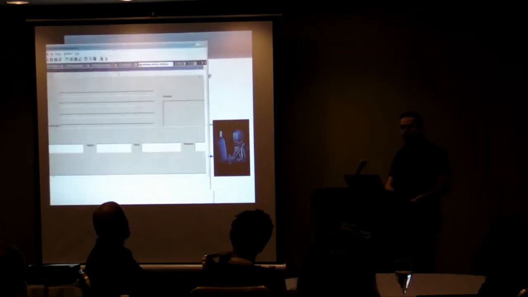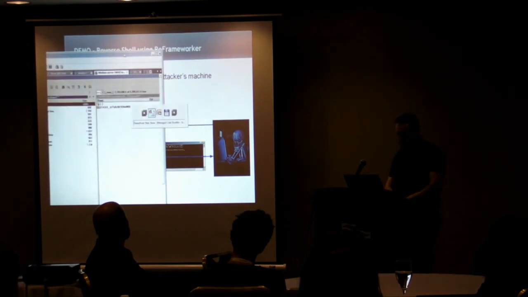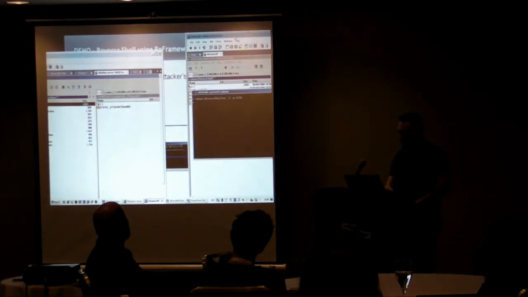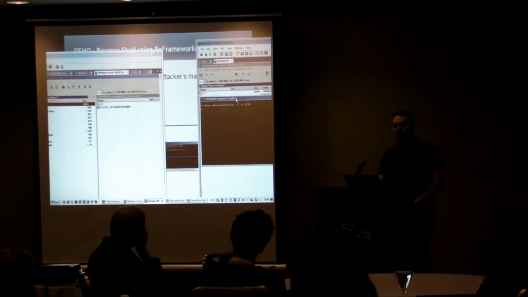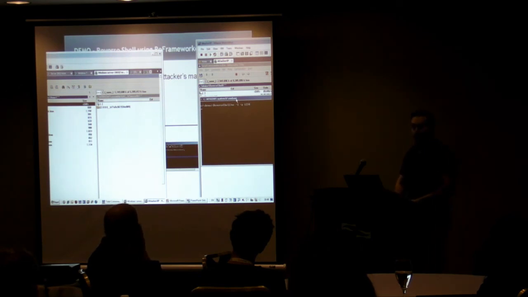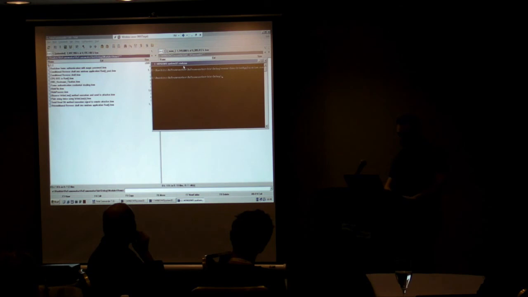So if this is the affected machine, let's add the attacker. The attacker on the right, a separate machine, is running netcat in listen mode on port 1234, right? Our target will be to execute a file called sensitive application.exe.